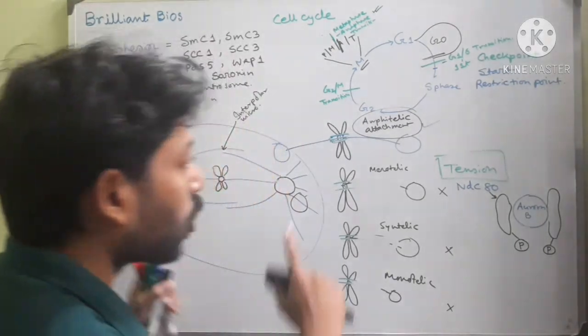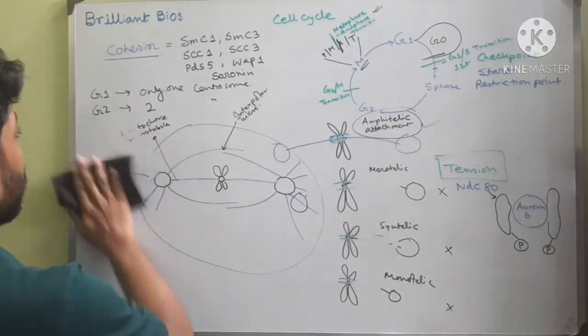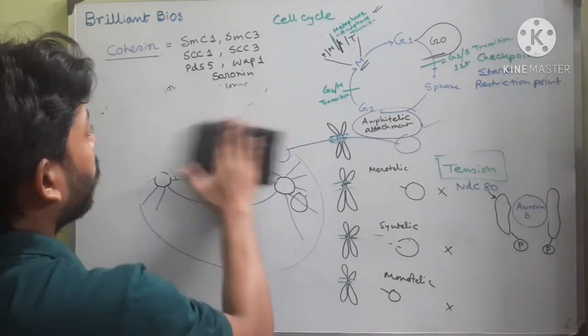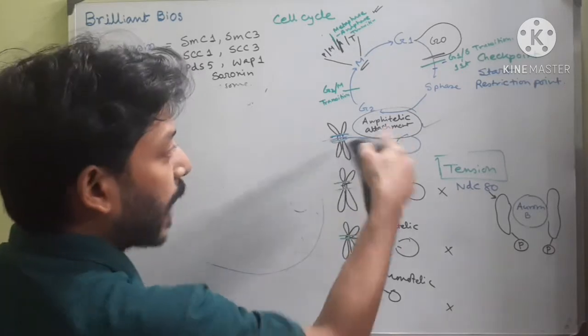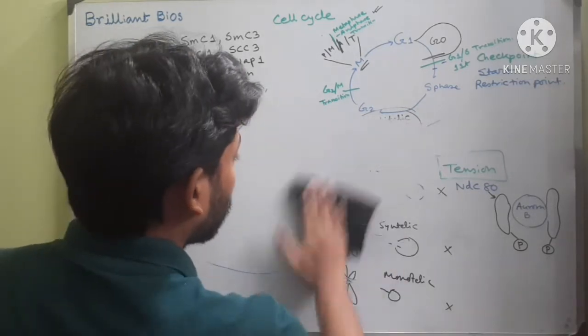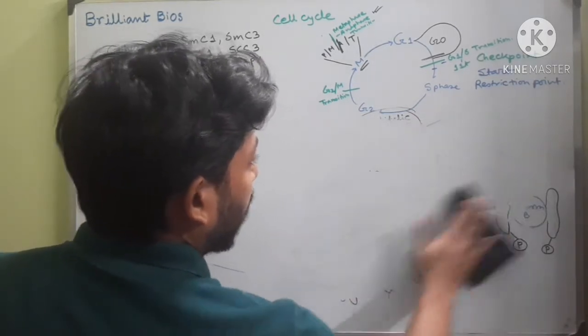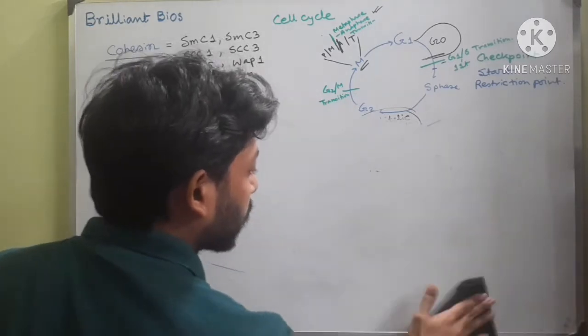Now this is the end of this second story. Now I will show you the last story, that is how, when all these chromosomes are in amphitelic attachment, they are separated.